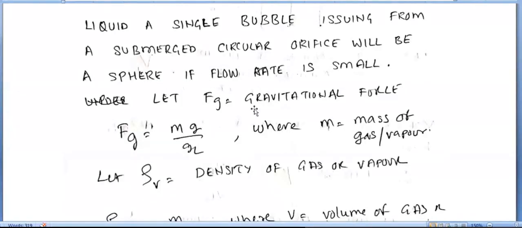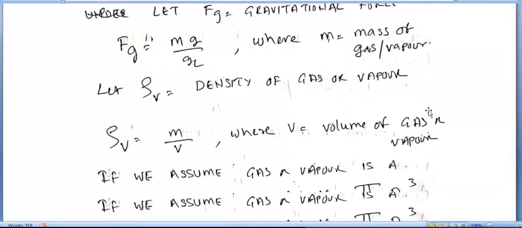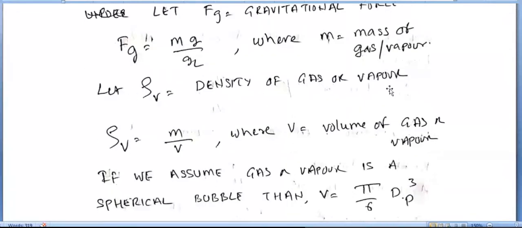Now let Fg be the gravitational force, and we know Fg is always given by the formula mg by gc, where m is the mass of the gas or the vapor, and rho v is the density of the gas or the vapor. Density is mass per unit volume, therefore V is the volume of the gas or vapor.